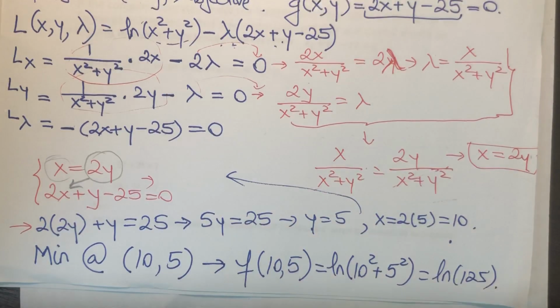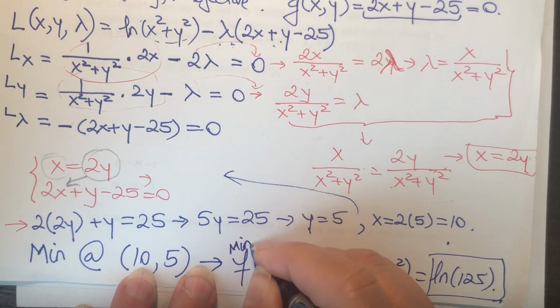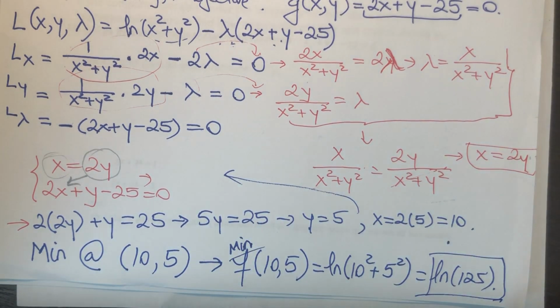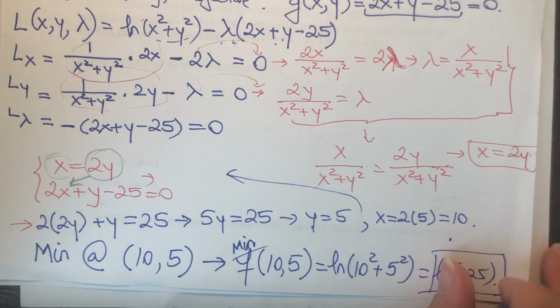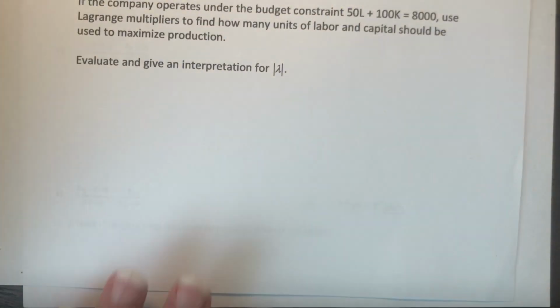It's something that comes out of your calculator where you just leave it like that. That's your minimum value for this function, and that's when it occurs. All right, there's that. Okay, so let's move on.